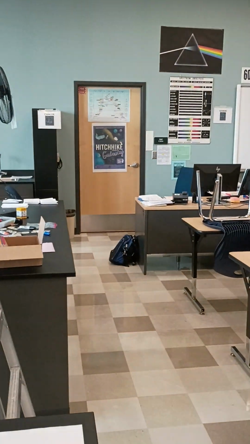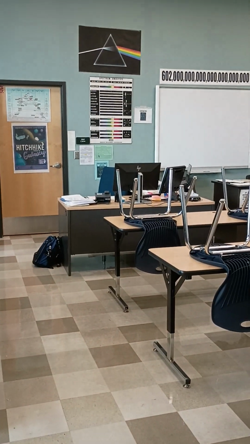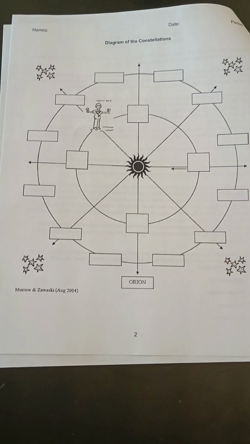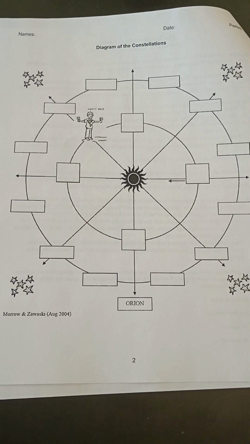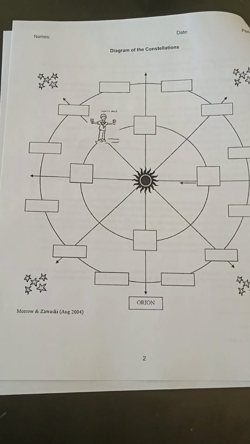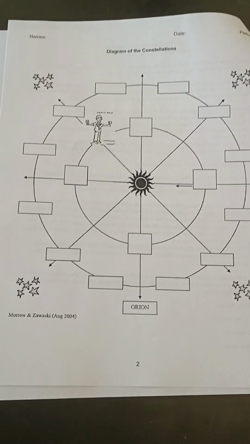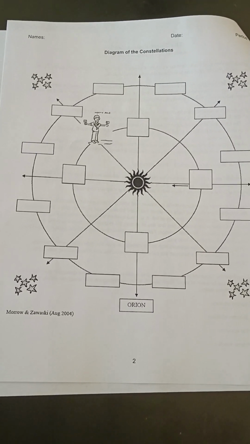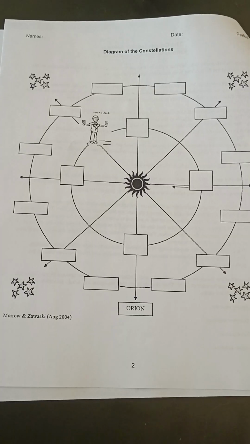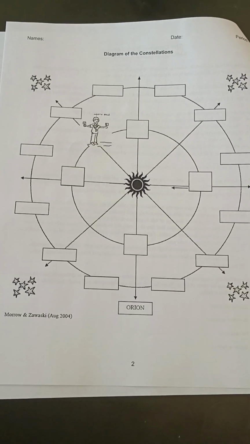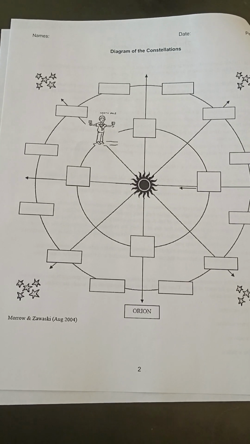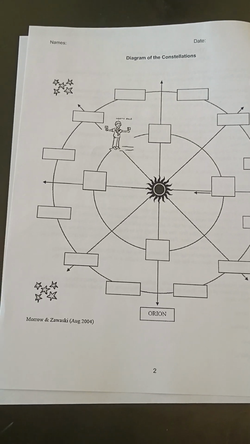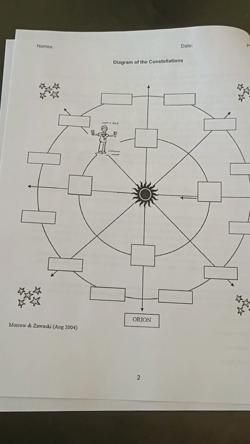What you're going to do is walk around and record what you see. The main instrument you will use for this is this map that is in the packet that you'll pick up. Now, this map has 12 boxes around the outer circle, and these correspond to the 12 constellations of the zodiac.